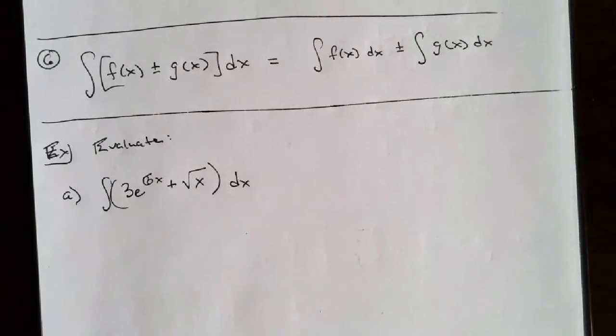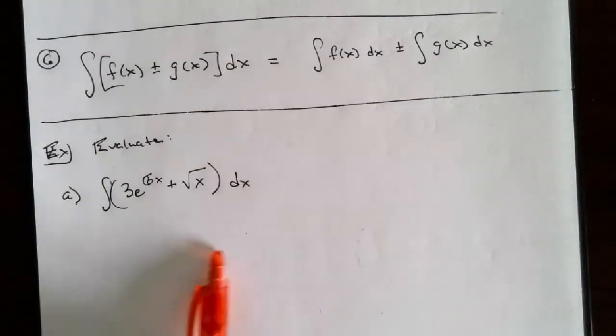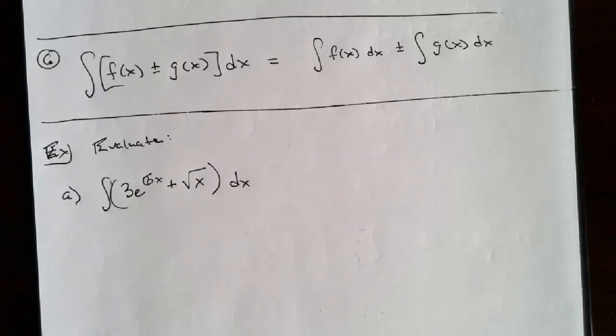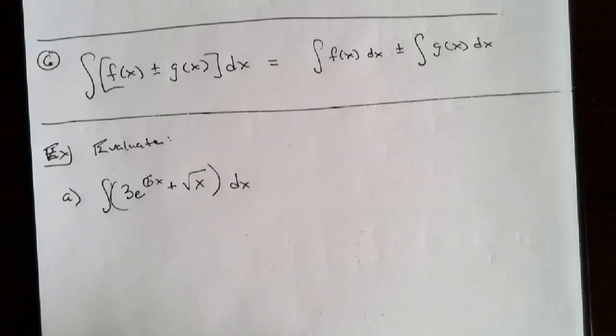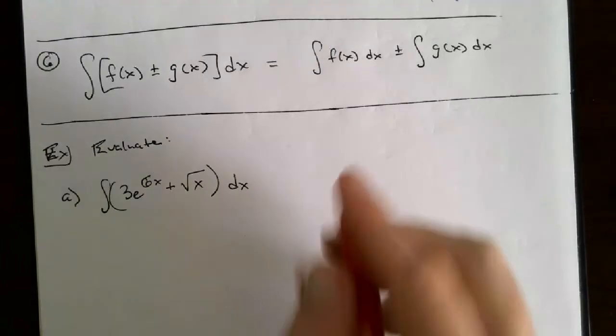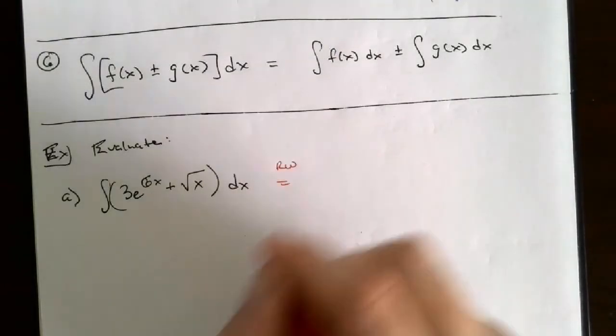So it's telling me to take the antiderivative of that function. First off, I know I can do it term by term based on the rule we just talked about. Additionally, if I see the square root of x in here, I know I need to rewrite this. So your first step is a rewrite step.